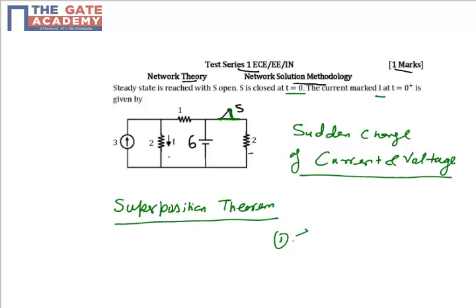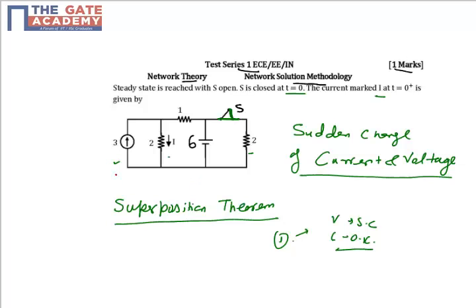You replace all other voltage sources with short circuits, and all other current sources with open circuits. We have a linear network, because only resistors are there, and it's bidirectional also, so we can apply the superposition theorem here.